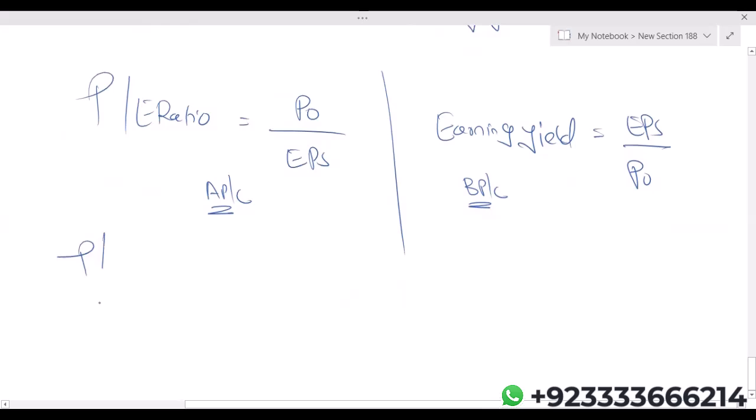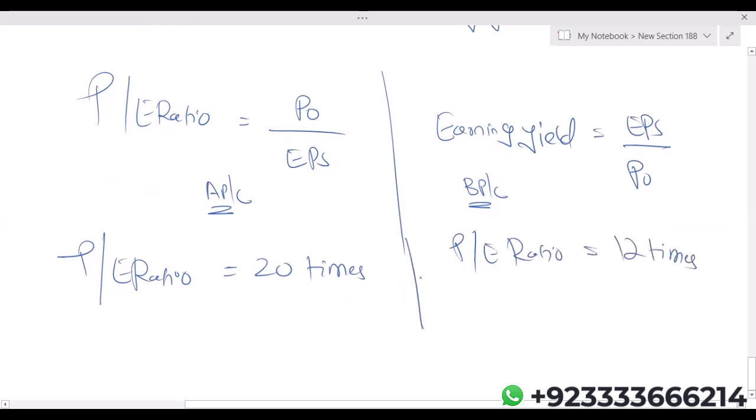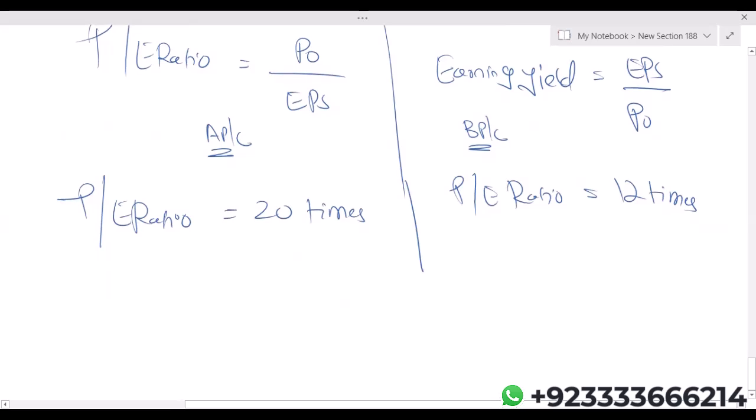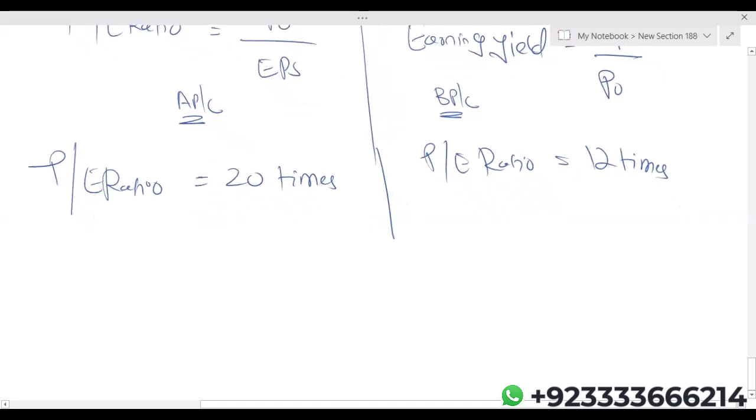Assuming the P/E ratio here is 20 times, and here the P/E ratio is 12 times. So you can see one thing. APLC is having a higher P/E ratio. BPLC is having a lower P/E ratio. Great. If we have been given the P/E ratio, very easily we can calculate the earnings yield.